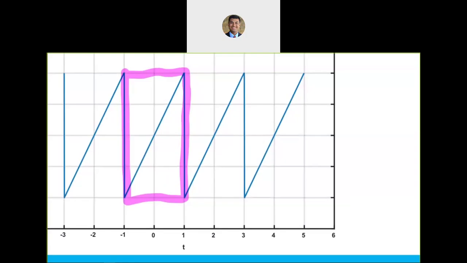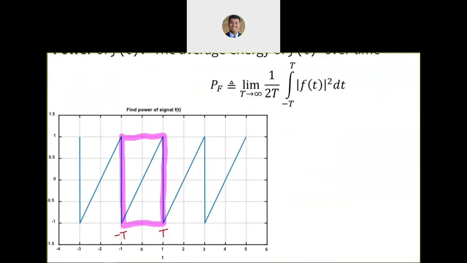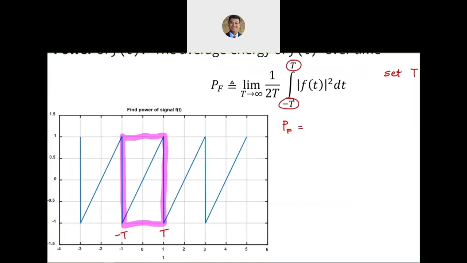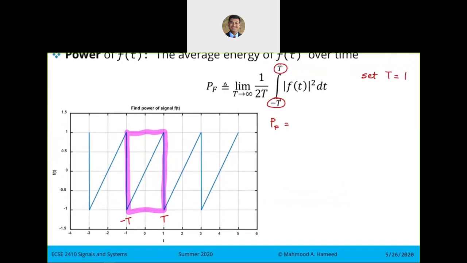So my limits will be what? Negative T to T. So I'm essentially saying set T to be 1. So power in this signal is defined by that formula. Let's apply this to this particular signal.